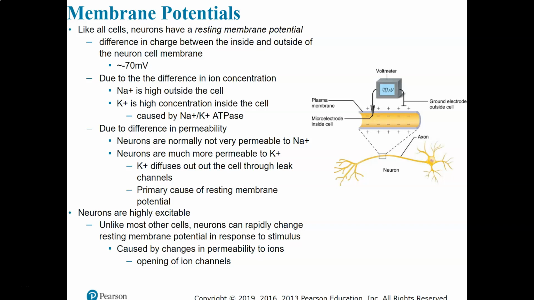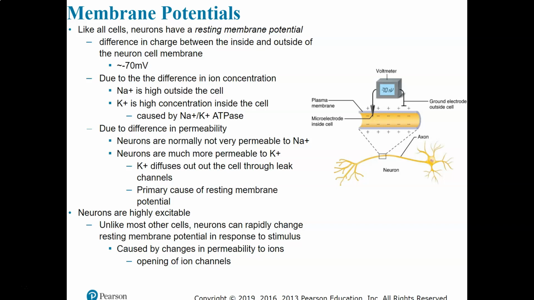What causes a membrane potential is going to be the difference in the concentration of ions between the inside and outside of the cell membrane, as well as a difference in permeability to those ions. If the cell membrane was completely permeable to the ions, then they would just diffuse along their concentration gradients, and the inside would end up the same as the outside.